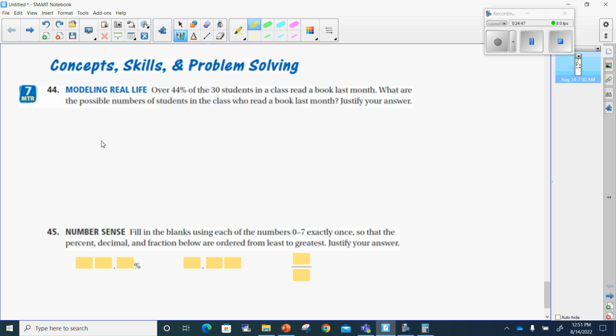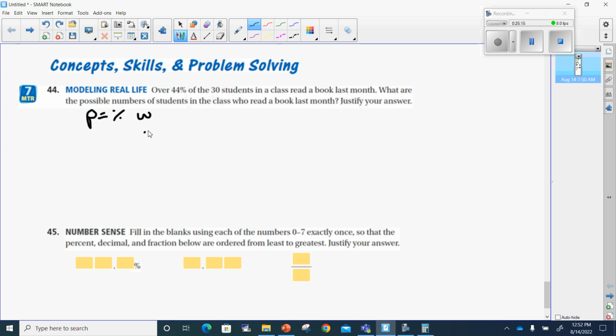All right, so to do this, we have to remember that part equals the percent times the whole. That's our formula. So if I use that, the part is what I'm looking for. What part of these 30 students?